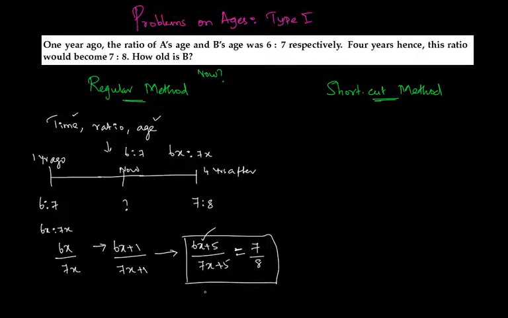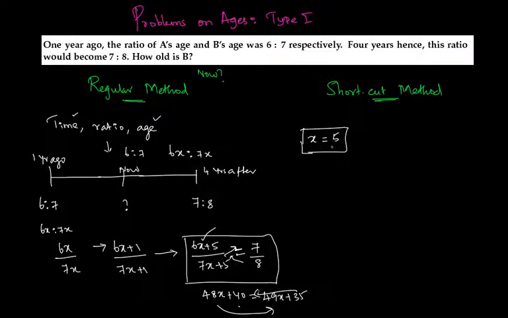Okay, so let's cross multiply this, and we'll get 48x plus 40, which is equal to 49x plus 35. Okay, let's reduce this. So we bring this to this side and this to this side. So what we get is x is equal to 5.